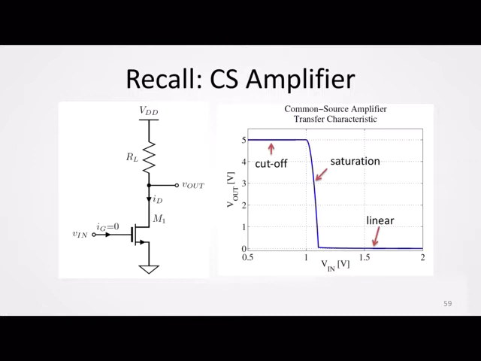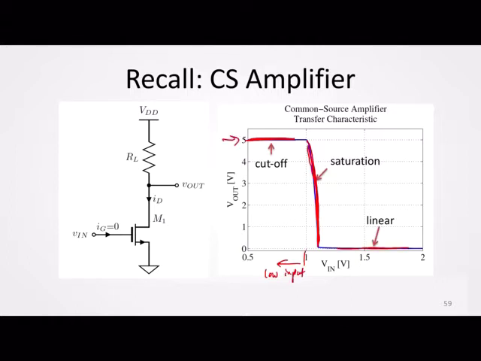Now, similar to the CE amplifier, we recall the common source amplifier, when we discussed its operation as an amplifier, we focused on the region where the MOSFET is in saturation, which is this region here. But if we're going to use it as a logic gate, as an inverter in particular, we focus on the region where it's in cutoff. Because in this region, these are our low input voltages and the output is high.